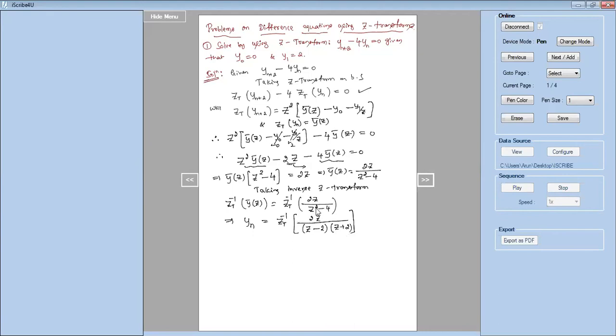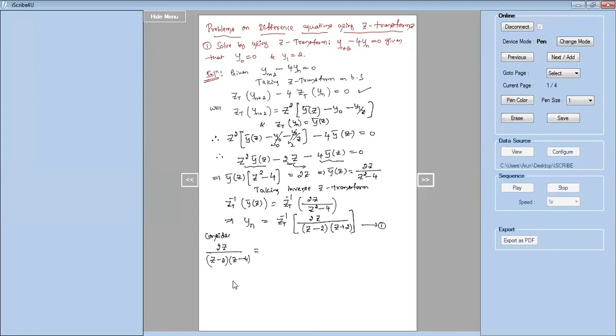So if you find the inverse of this right hand side, we get the solution of the difference equation. But how to find this? This is based on your earlier procedure. So I can straight away do like this. Consider 2z by z minus 2 into z plus 2, I'll call this as 1. This is equal to, so I'll write a partial fraction for this.